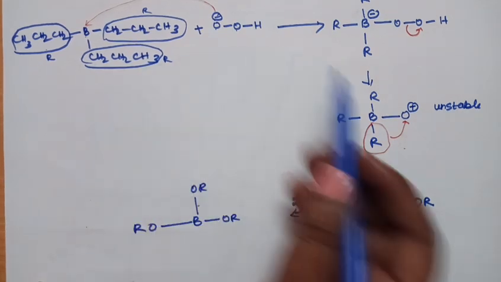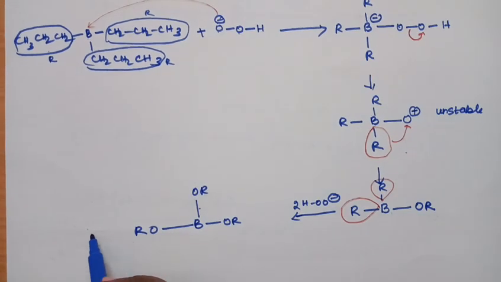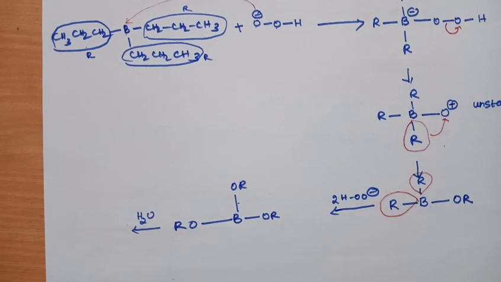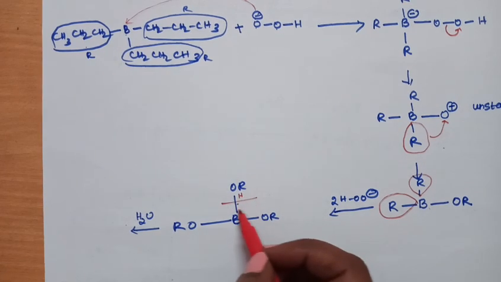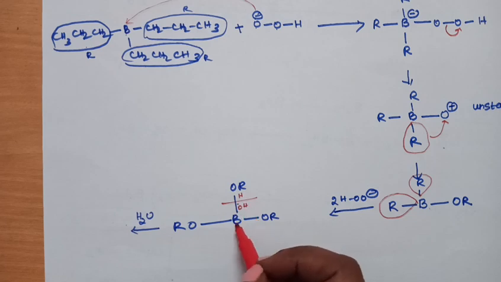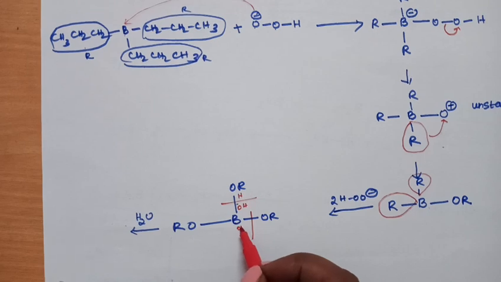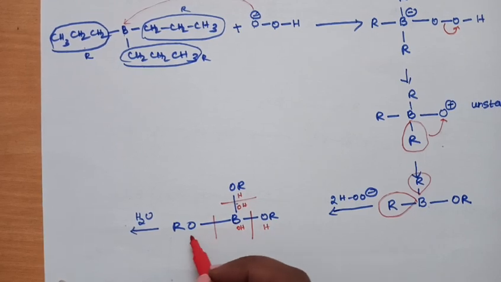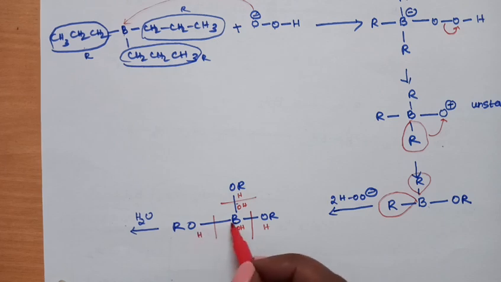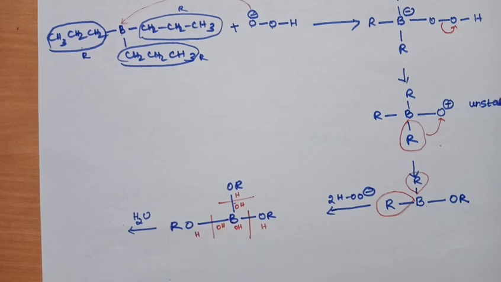So if we repeat the same steps, the last step will be to treat with water. When you treat with water, this bond will break, hydrogen will be added to the OR group, and OH will be added to boron. This bond also will break, so to boron an OH group will attach, and to the OR group, hydrogen. This bond also will break, H will be added, and to the boron, an OH group will be added.